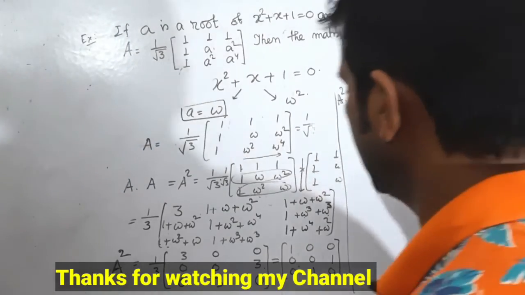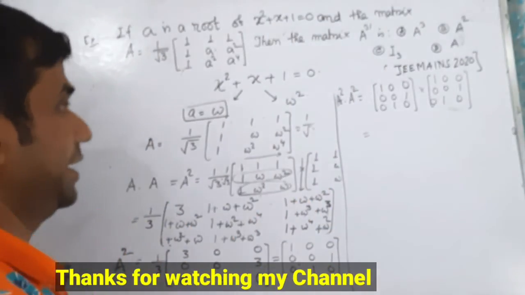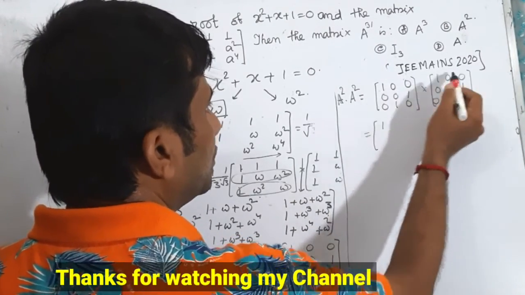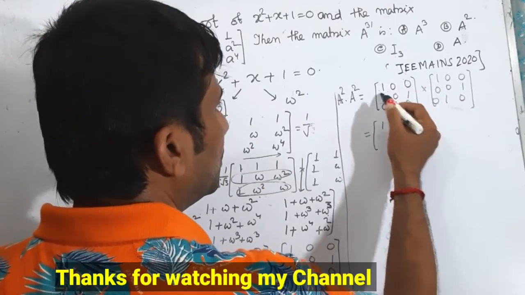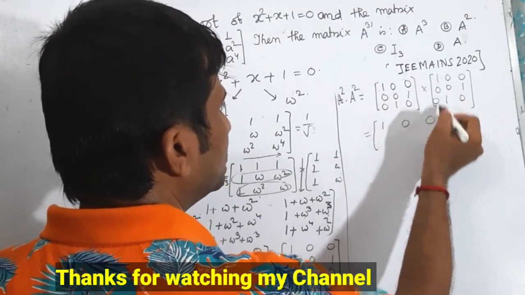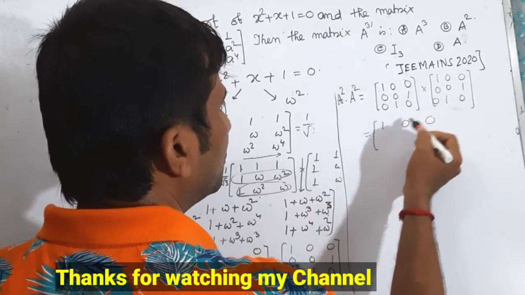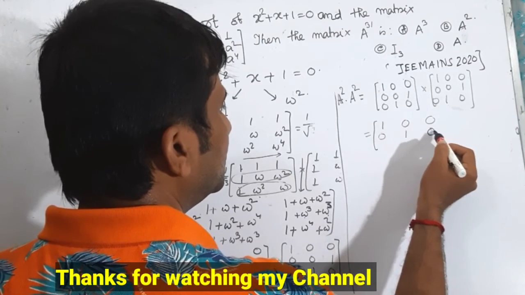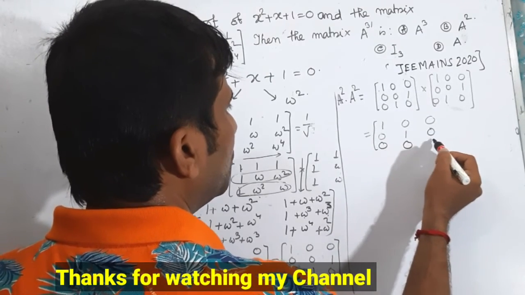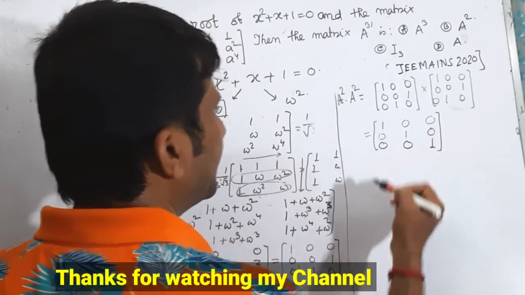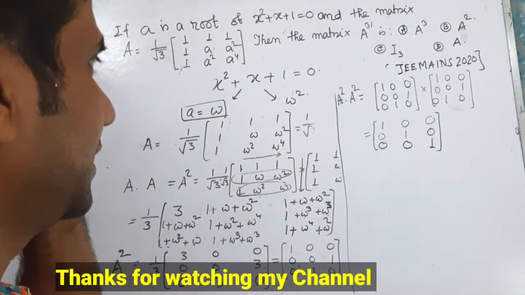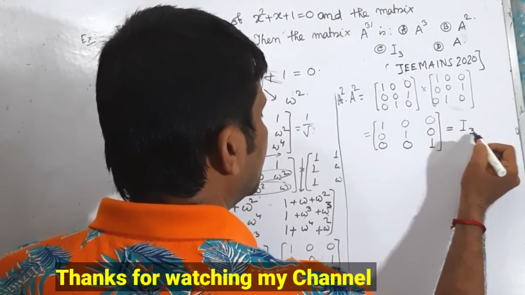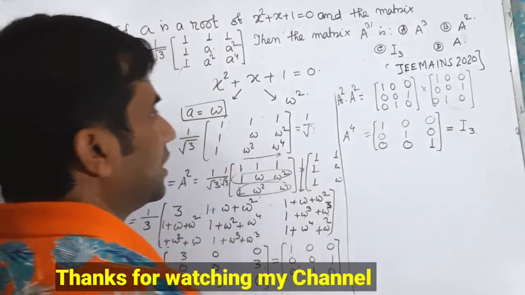What we get? Multiplying these two we get [1 0 0; 0 1 0; 0 0 1]. So we get A to the power 4 is I3. A to the power 4 is equal to I3.